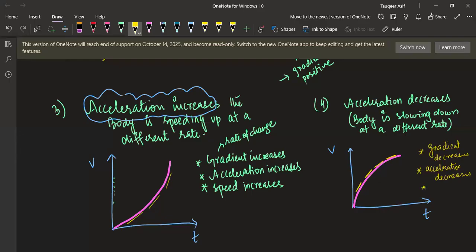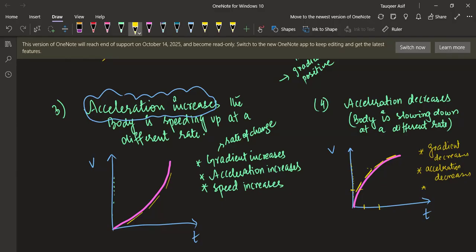Are you getting this concept? And tell me what would be the speed? Is it decreasing or increasing? Decreasing, are you sure? If the body at this point is moving with this speed, at this time, what is the speed? Is it more than the previous one or the lesser one? It's more.